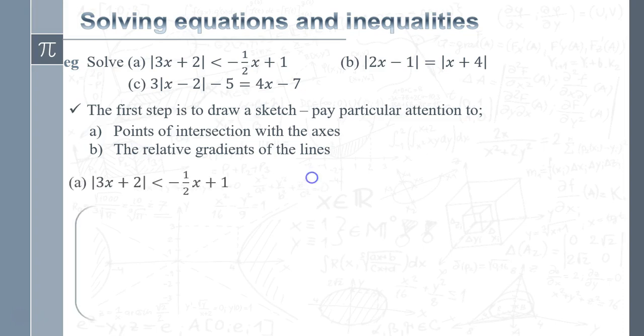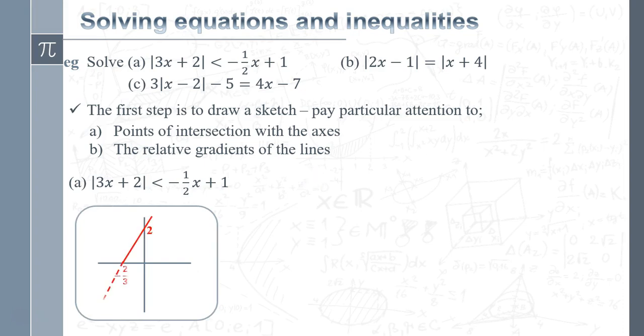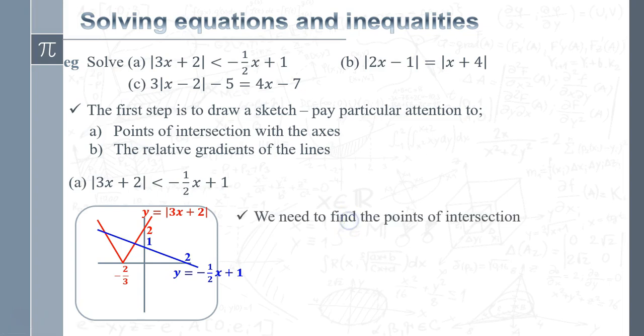So, first thing I'm going to do is have a go at my sketch. So, this is going to be the sketch of mod 3x plus 2, and hopefully comfortably it looks like that. And then I've got my other graph, which is minus half x plus 1. So again, intercepts for both, so I'm comfortable and know what's going on with them. And this one's fairly straightforward, because what you see now is we've got 2 points where these lines intersect.